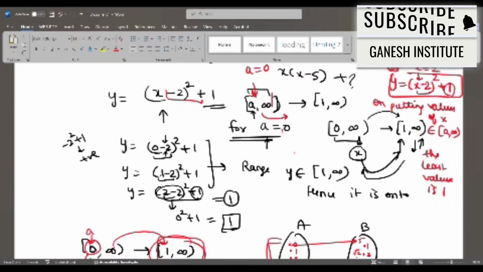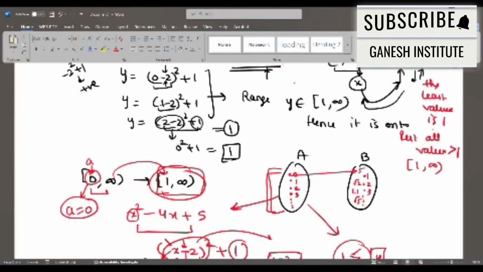It is giving me 1. Rest all values are greater than 1, which belongs to this codomain. As all the values are satisfied within this range, hence this is onto. Okay?